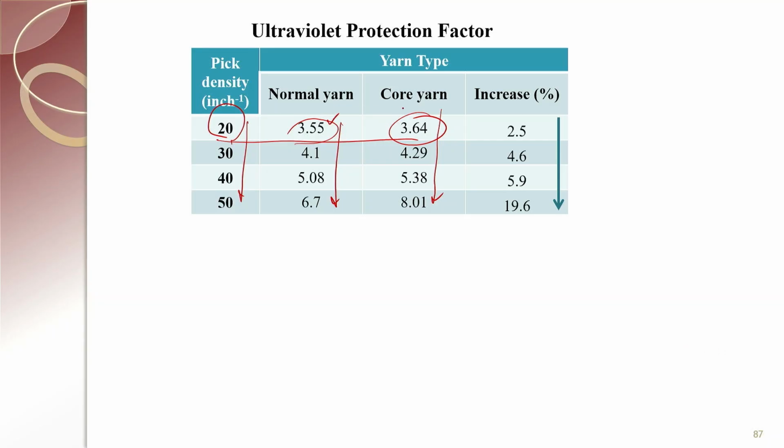So, this is interesting that core yarn is always giving the higher UPF value, that is basically clearly due to the flattening and the covering of the open space, as I have already mentioned.